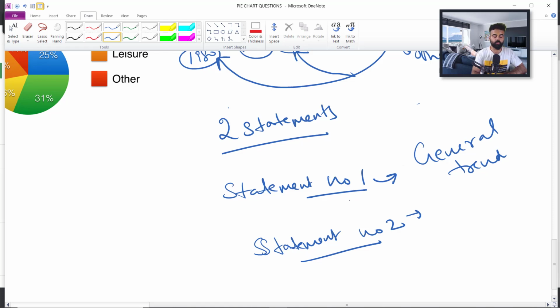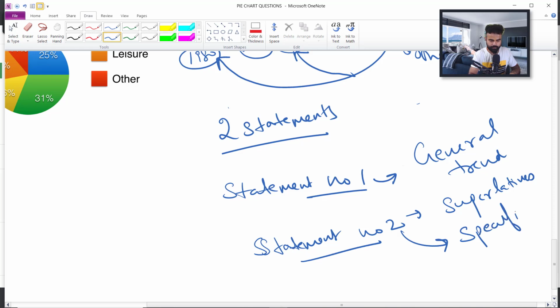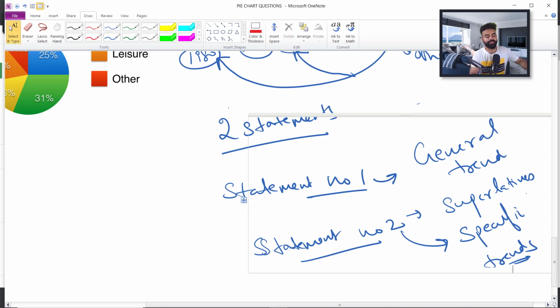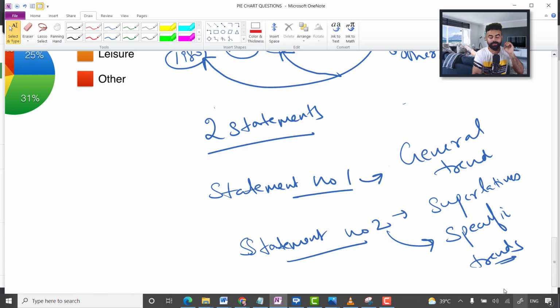Now in statement number 2, either you can write general info about superlatives or general info about specific trends. Let me just write on here. Now what do I mean by general statement? That means you're not going to include the data figures in your overview.